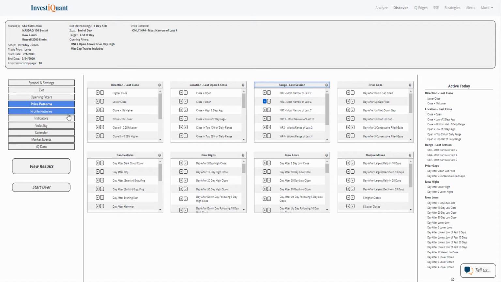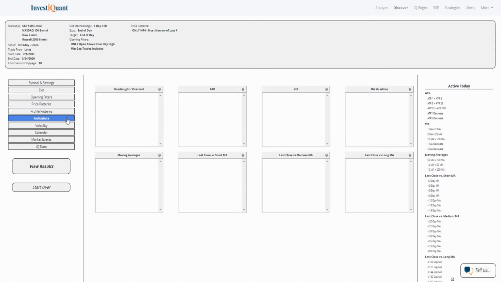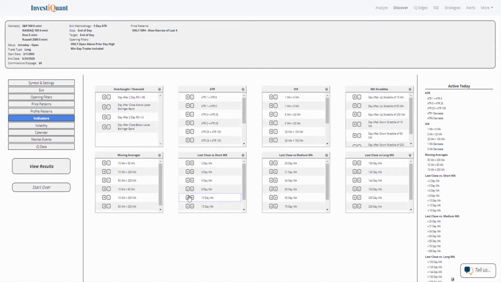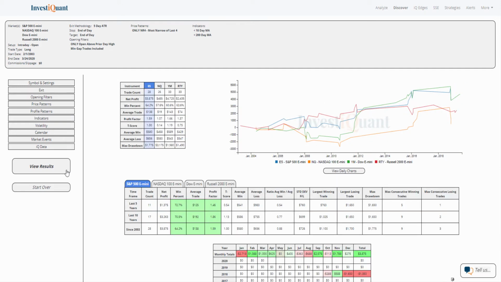And I want to look at that when the market is weak. So I'm going to put it under a 10-day moving average and under a 200-day moving average. And then I'm going to click View Results, and we will see the results of gapping up above the prior day high when the prior day was a narrow range 4-day and closed below the 10 and 200-day moving average.